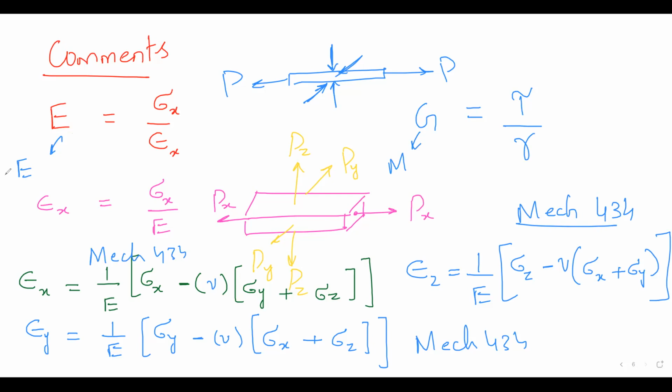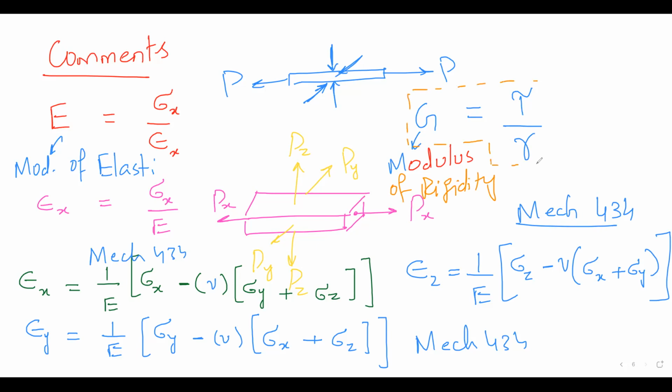I'm exaggerating, probably two, three. This is known as modulus of rigidity. Cram it, memorize it. Okay, this is definitely 206. I will probably use it. You will use it.